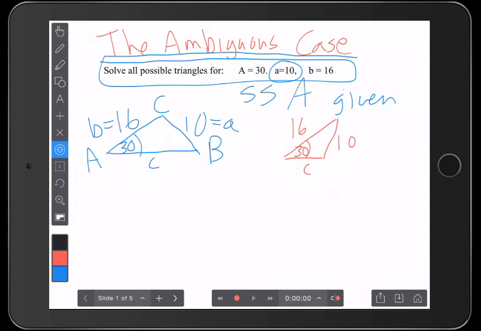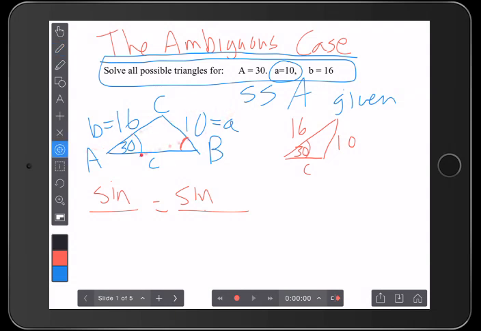The first thing we always want to do in this case is figure out what angle B is. And I need to figure out that missing angle right here. And I'm going to do that with the sine law. And in this case, I'm solving for an angle, so the angles go in the numerator in my equation. And the sine law always works with pairs.